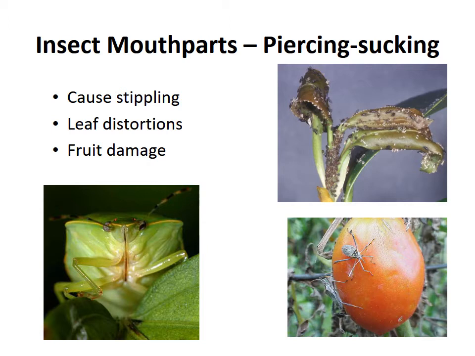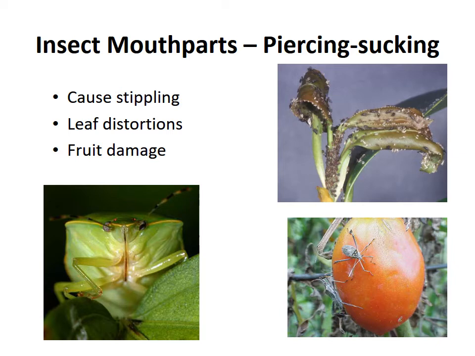When these insects feed on a plant, the leaf isn't missing, but it has been damaged because the insect has poked into the leaf and sucked out the chlorophyll, the carbohydrates, and the water. This can cause damage which we call leaf stippling.